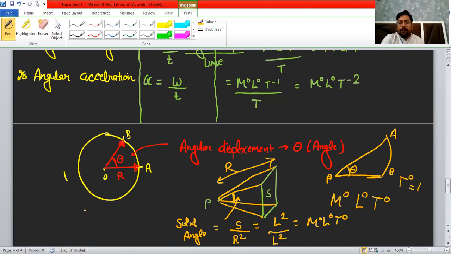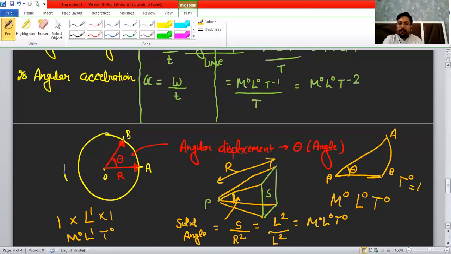If in any case you have only L, you can write 1 multiplied by 1 and then change to M0 L1 T0. Because there are 7 fundamental quantities, but out of these 7, 3 are in main use. These are mass, length and time. So we are saying that mass is 0, length is 0 here, and time is also not present in the angle.